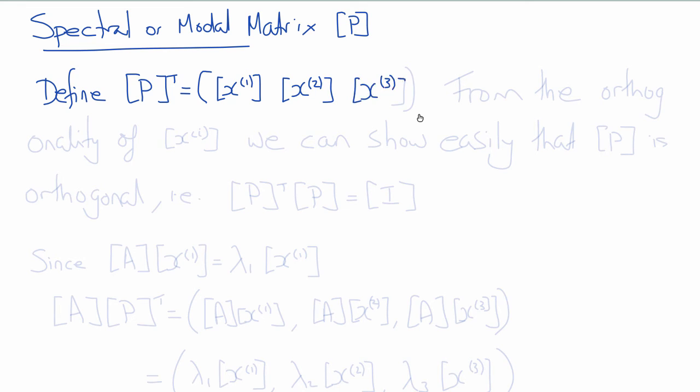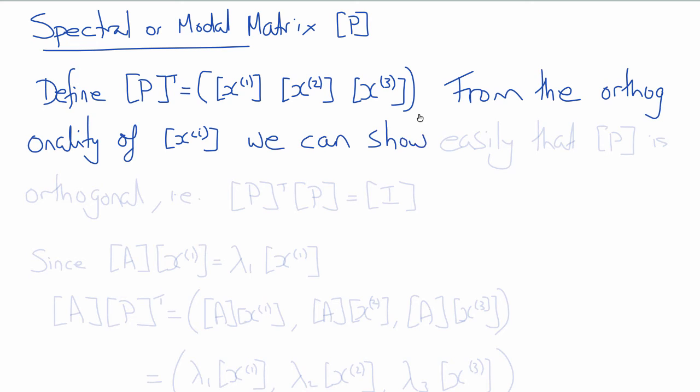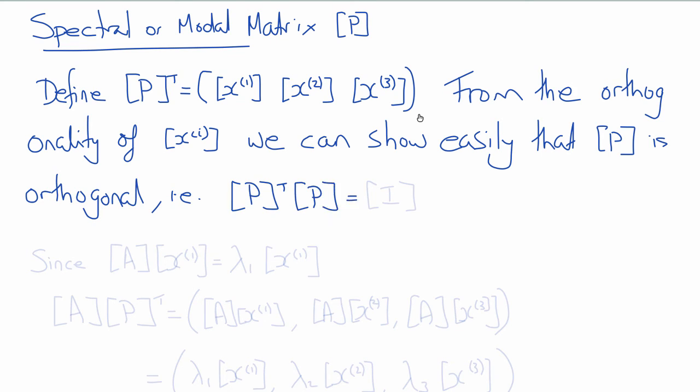So the three column matrices representing the three eigenvectors are the three columns of P transpose. From the orthogonality of the eigenvectors, it's easy to show that the matrix P is also orthogonal. In other words, P transpose times P is equal to I.